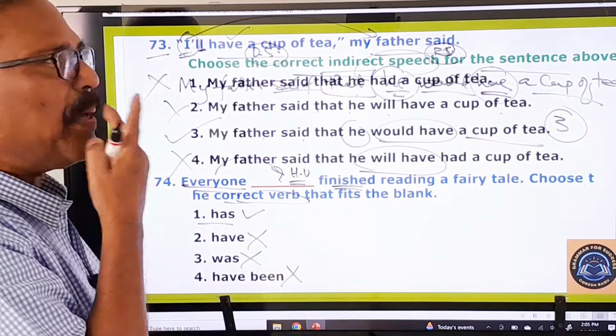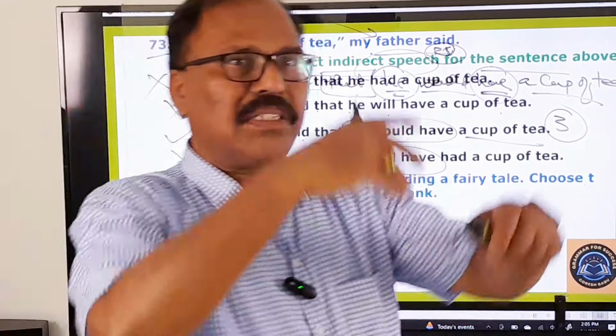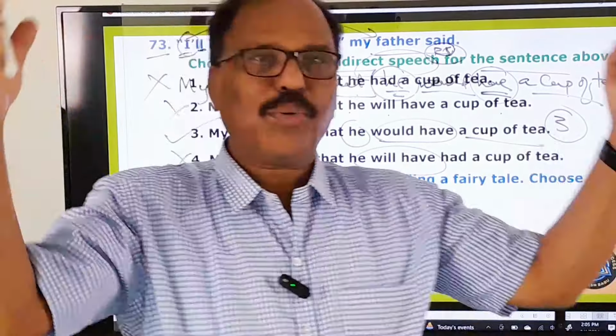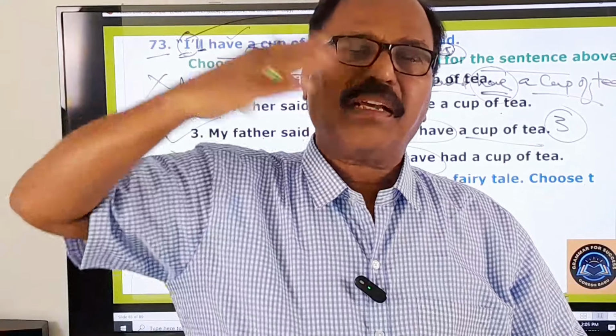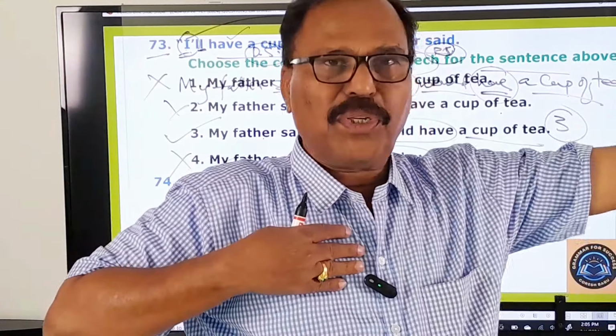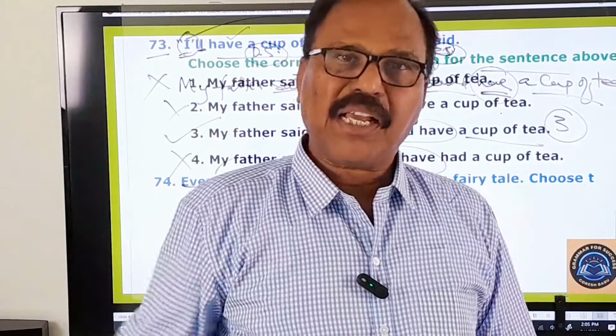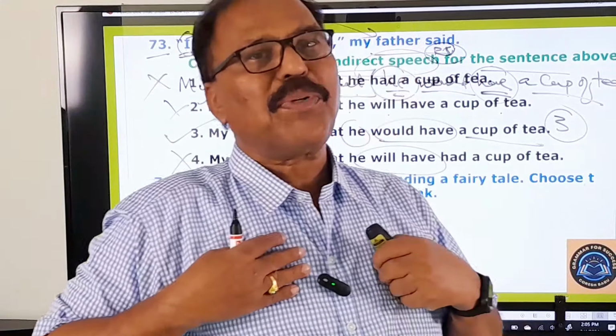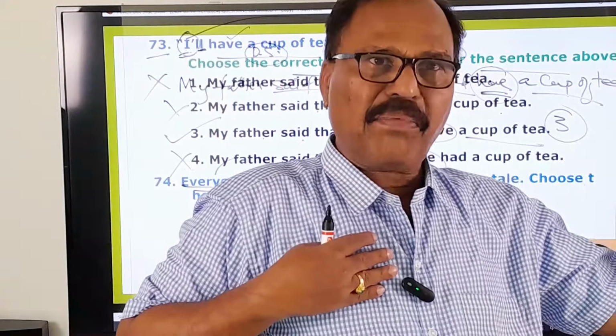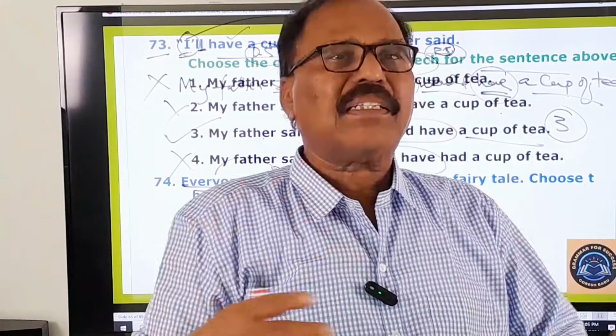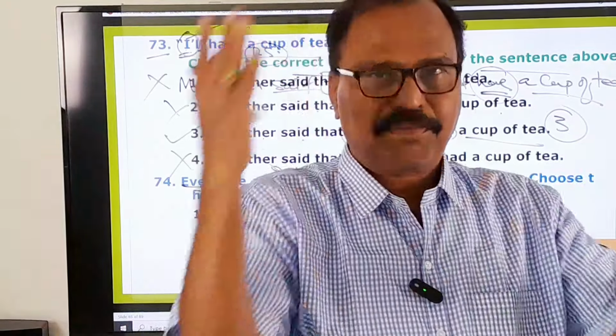So in the English language there is a standard rule. What is that? Beside the singular subject there must be used only a singular helping verb or a singular main verb. Beside the plural subject, there must be used a plural verb or plural helping verb. It is the rule throughout the English language.